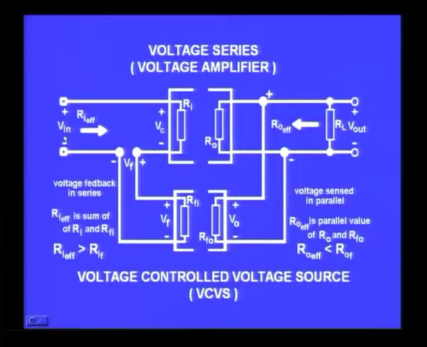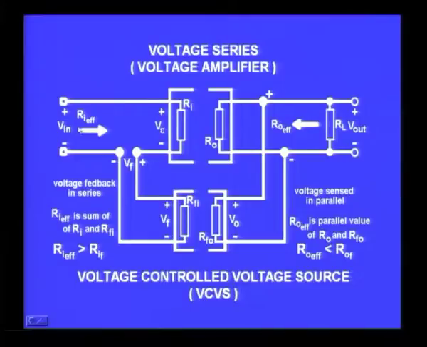So Ri effective, the input resistance, is the sum of this plus this, they are coming in series. Therefore the total resistance will be the sum of the input resistance of the amplifier and the input resistance of the network together. So what is going to happen? The effective resistance because of the feedback will always be larger than Ri alone without feedback.